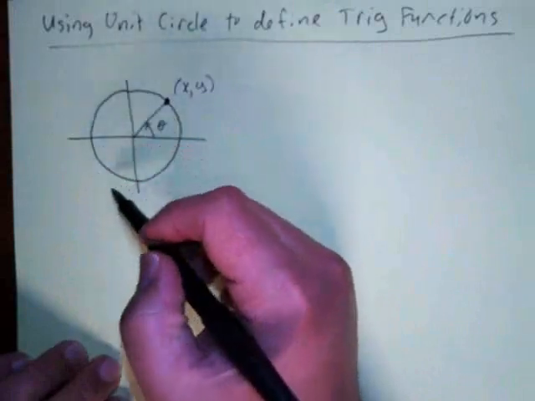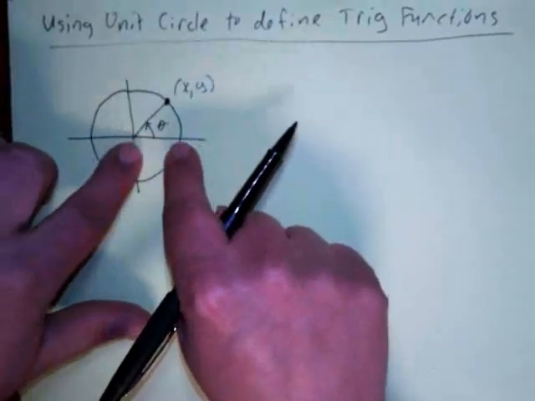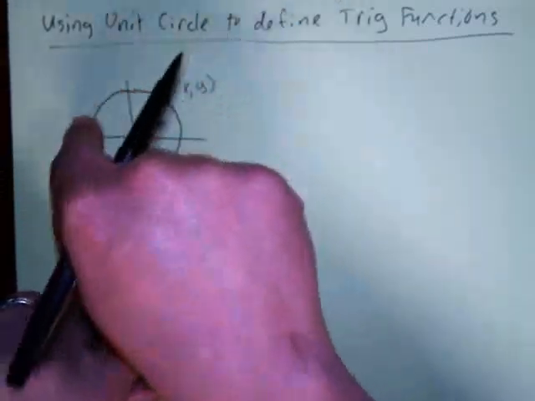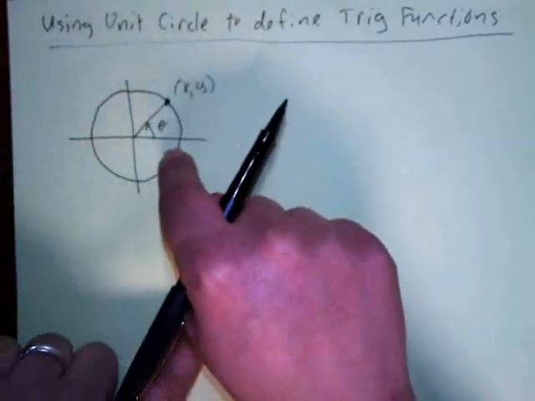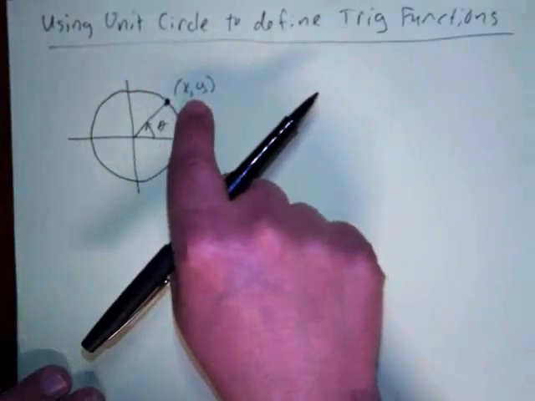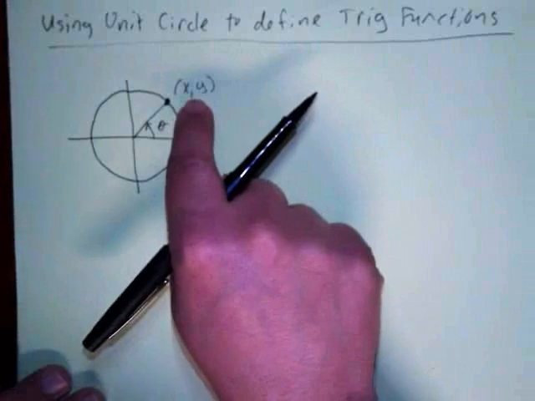So here's our unit circle. And we take this positive x-axis and it rotates at the origin and it spins around the unit circle. Wherever it stops on the unit circle, it stops at an ordered pair that's on the unit circle.